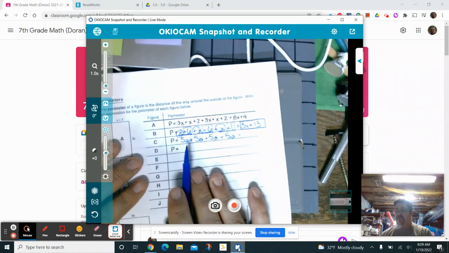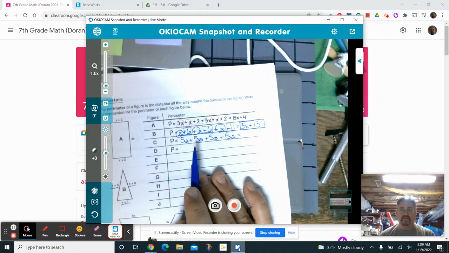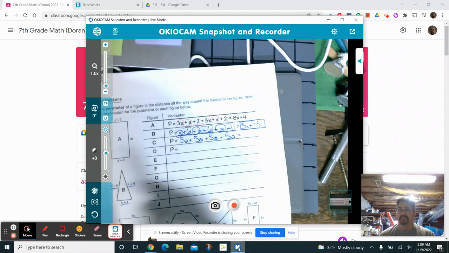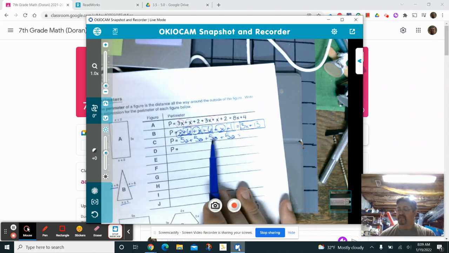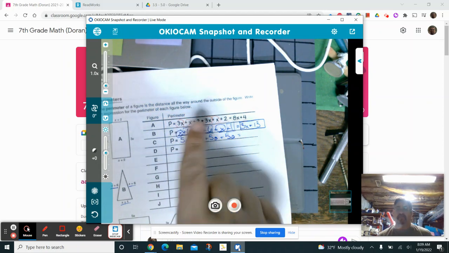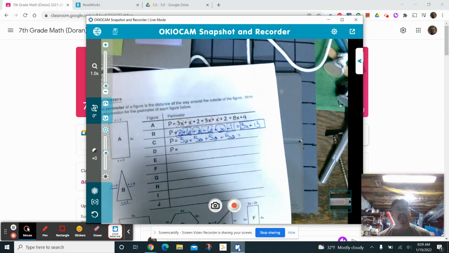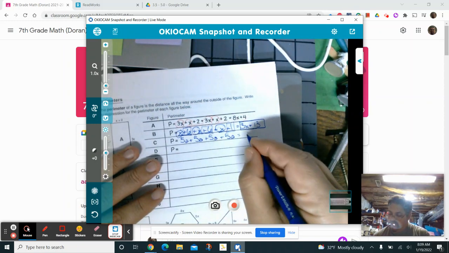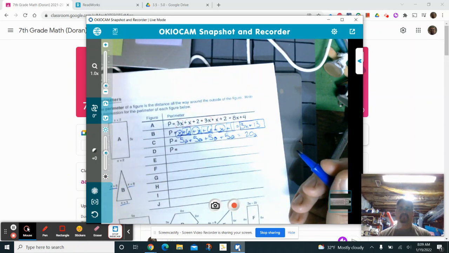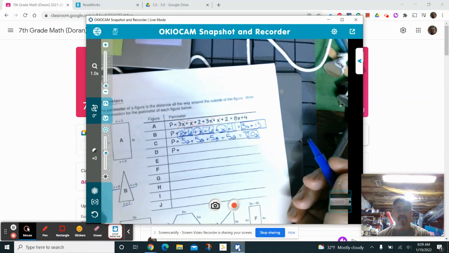Do we have any numbers that aren't attached to an a? No, we don't. So we're just combining our a terms. 5 plus 5 plus 5 plus 5. If we count by fives 4 times, what do we get? 5, 10, 15, 20. 20a. That's it. P equals 20a.